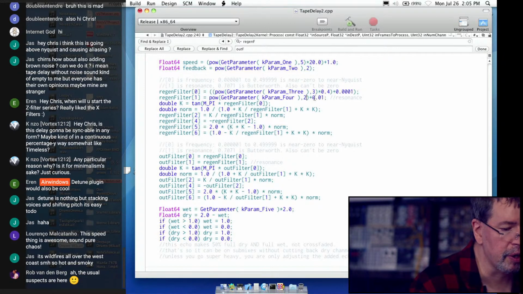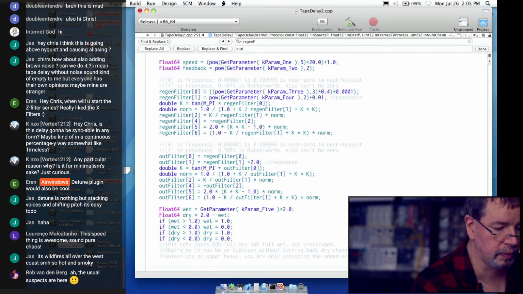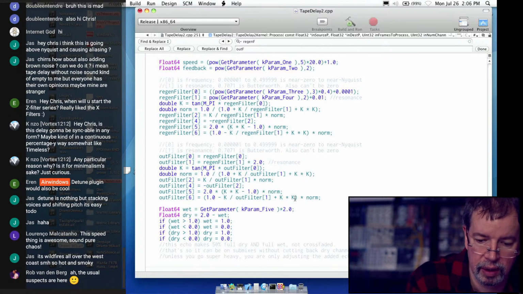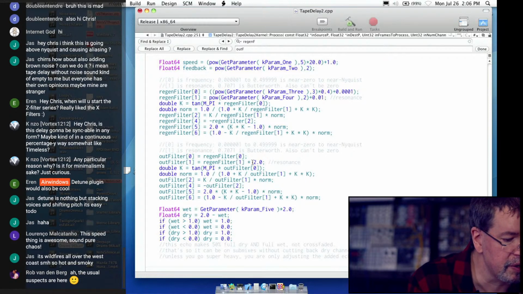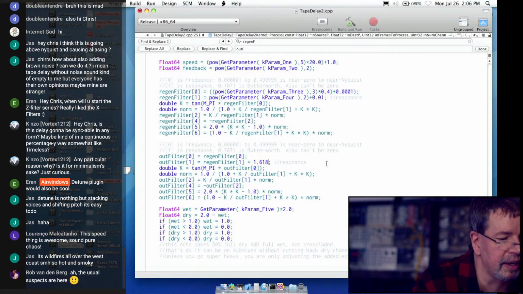You can even put it to insanely much range, but that's probably going to be fine. And then what we're doing here is regeneration can go quite high, or let's be even sillier. Let's do a golden ratio variation. Yay. Just in case that means something. Gotta love it, right?